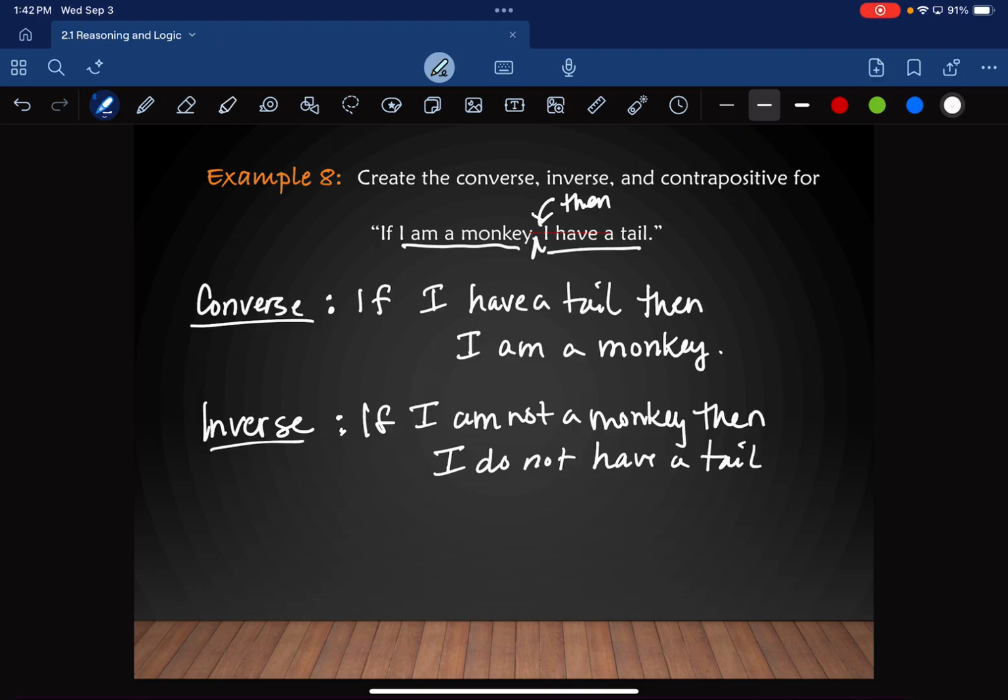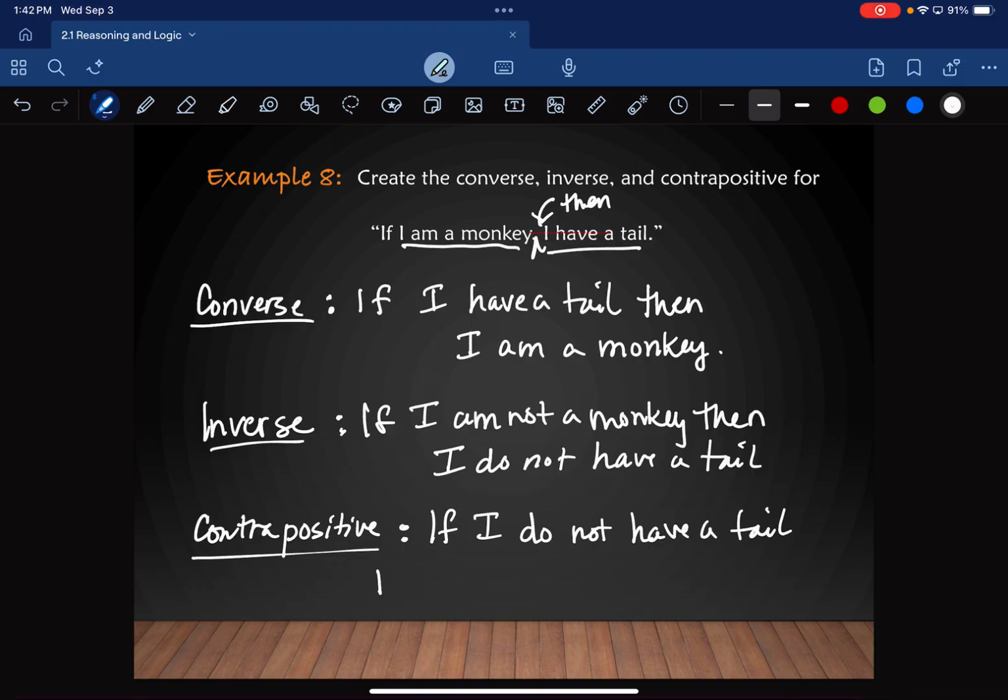And then the contrapositive flips both. For the contrapositive, we're flipping the order and we're negating, okay? So looking back at the original statement, I start with what's at the end. Well, I start with if, and then I start with what's at the end. I need the logical opposite of the statement, I have a tail. If I do not have a tail, then, and now I'm going to go back to the beginning.